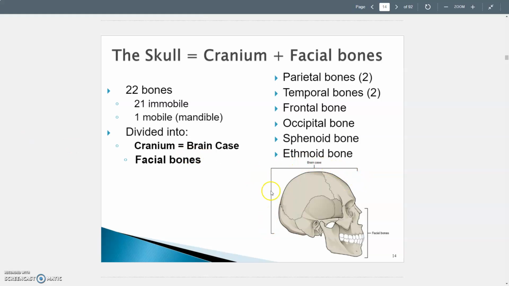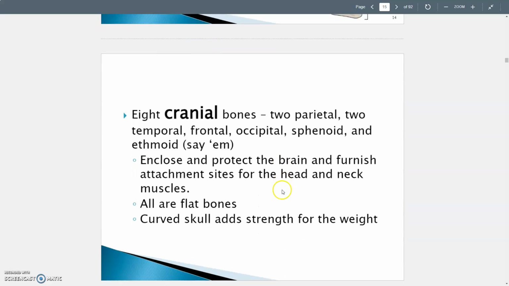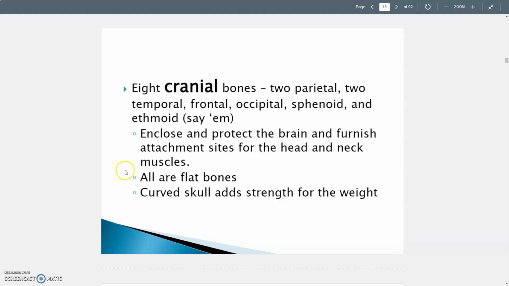And basically, this is your brain case, which is like the top half, and then the bottom half is your facial bone. Again, there are 8 cranial bones, which is your two parietal, 2 temporal, frontal, occipital, sphenoid, and ethmoid.